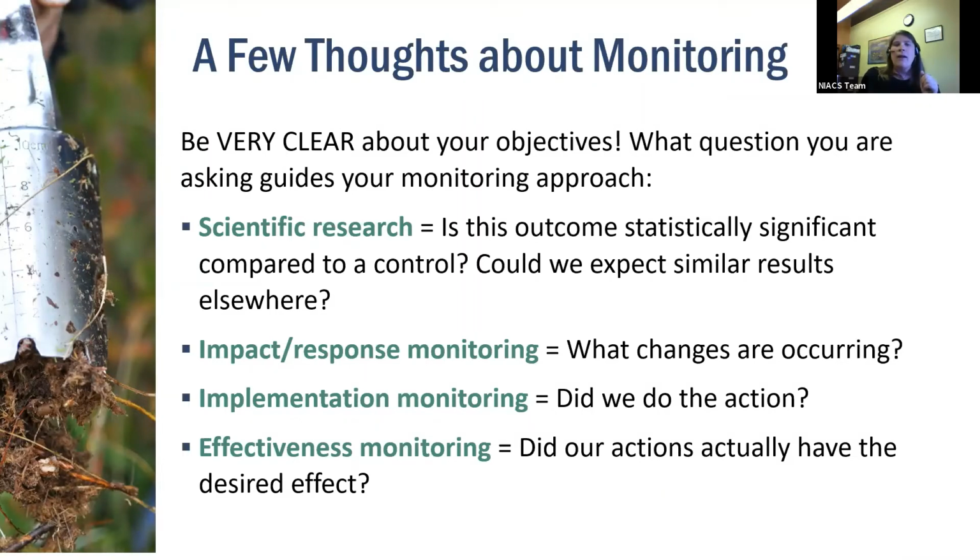And then finally, another type of monitoring is effectiveness. So if you defined the desired effect, did it work? And how will you know if it worked? For example, if you install berms to slow the overland flow of water, after some time, is the water in fact slowed? Yes or no?